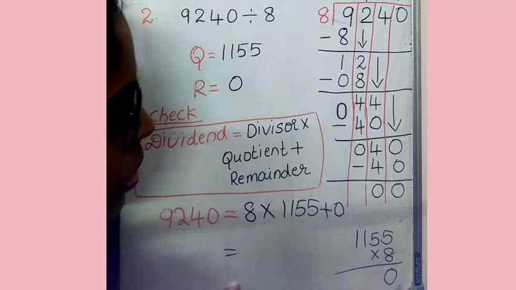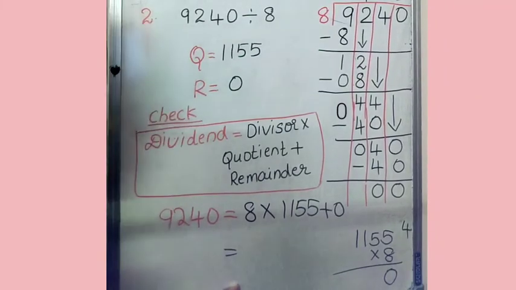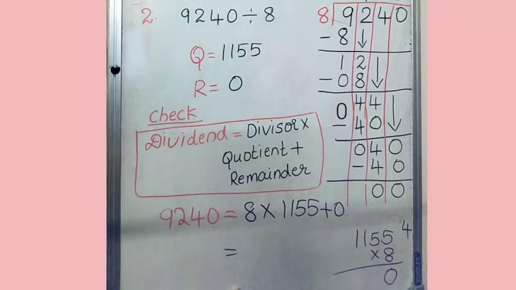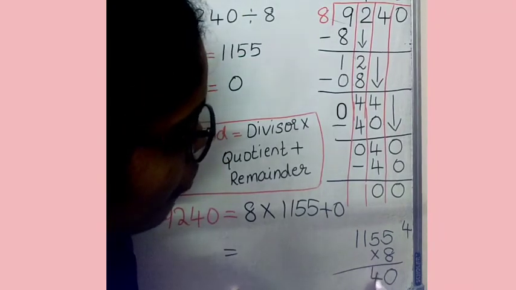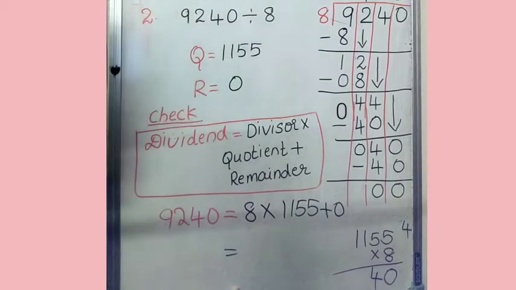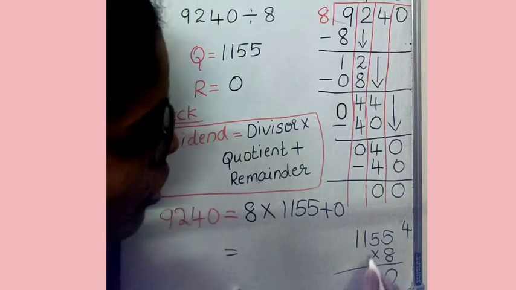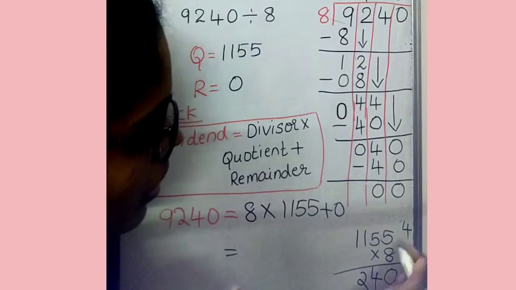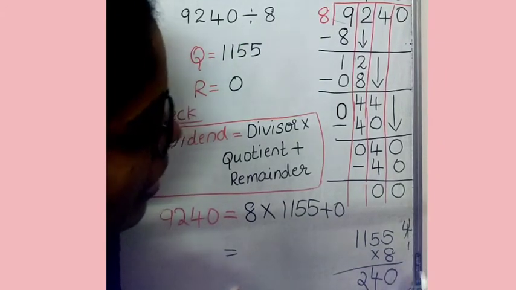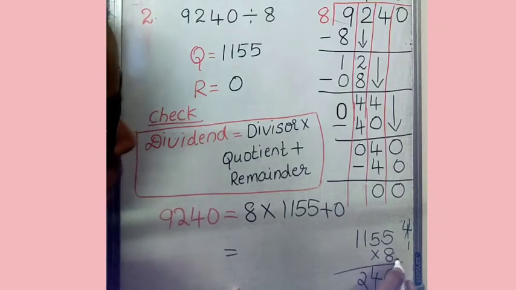We write 0 here, 4 here. 5 8s are 40, 40 plus 4, 44. We write 4 here, balance again 4. 1 8 is 8. 8 plus 4, 12. We write 2 here. 1 here, 1 into 8, 8, 8 plus 1, 9.